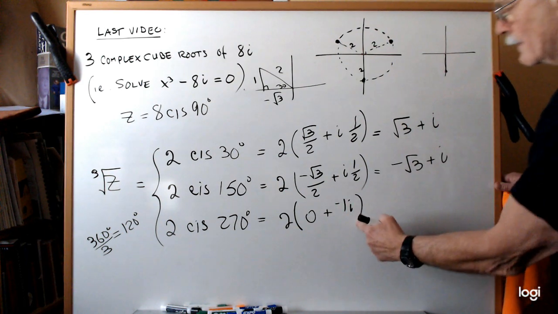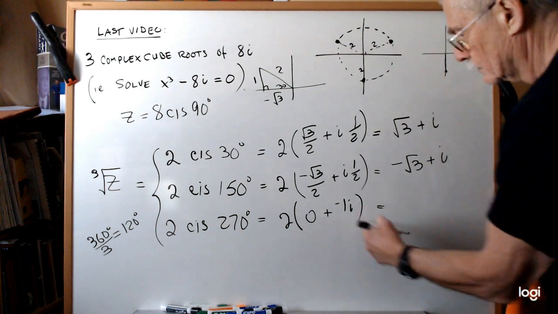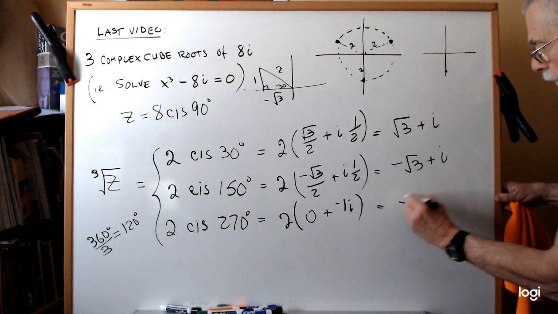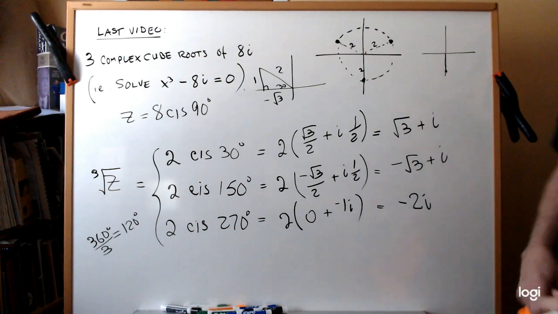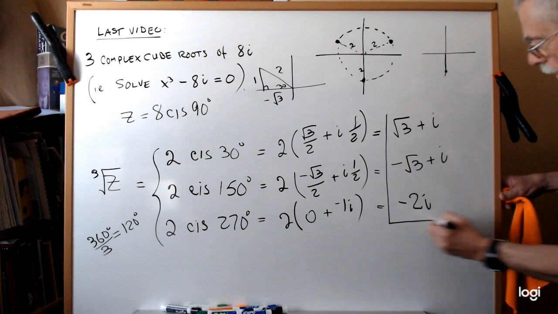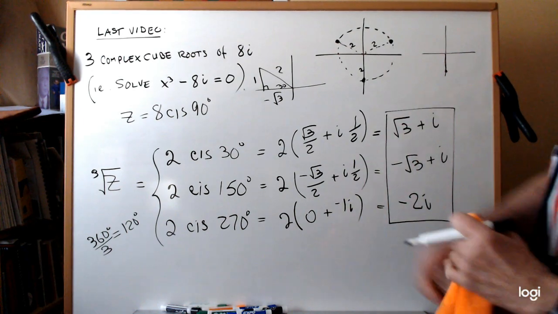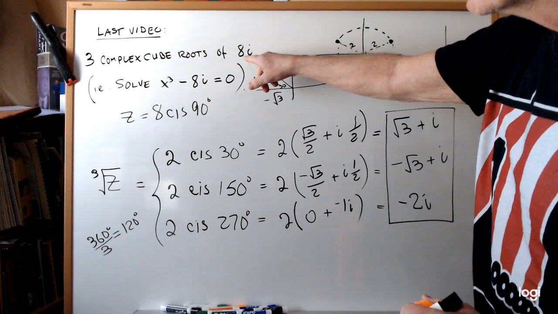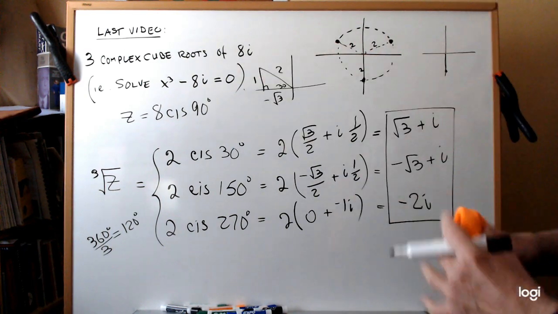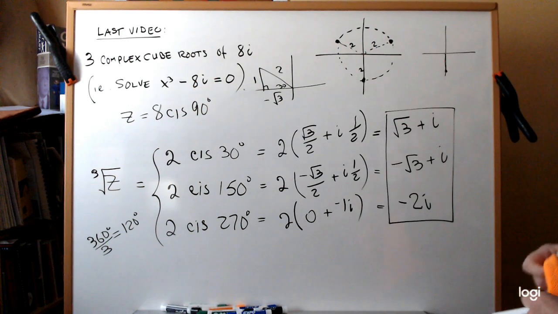So this would be 0 minus 1i, and when the smoke clears, you get negative 2i. So we get these as the 3 complex cube roots of 8i, and we get these as the 3 roots of that equation.